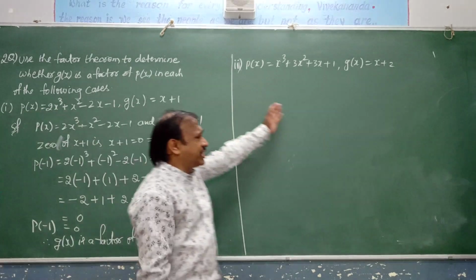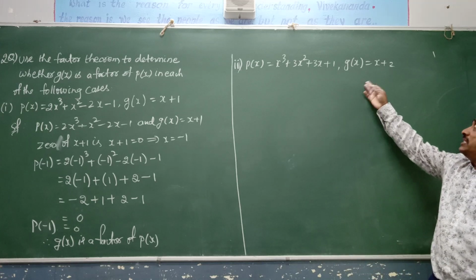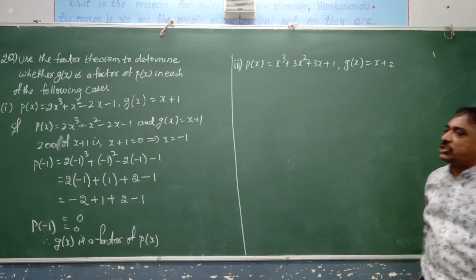Now, one more question here. P of x is x cube plus 3x square plus 3x plus 1, and g of x is equal to x plus 2.